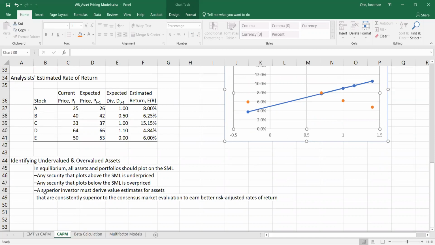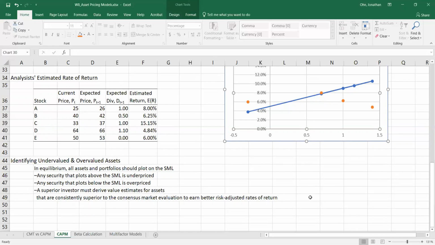Now, a superior investor must derive value estimates for assets that are consistently superior to the consensus market evaluation to earn a better risk-adjusted rate of return, of course.